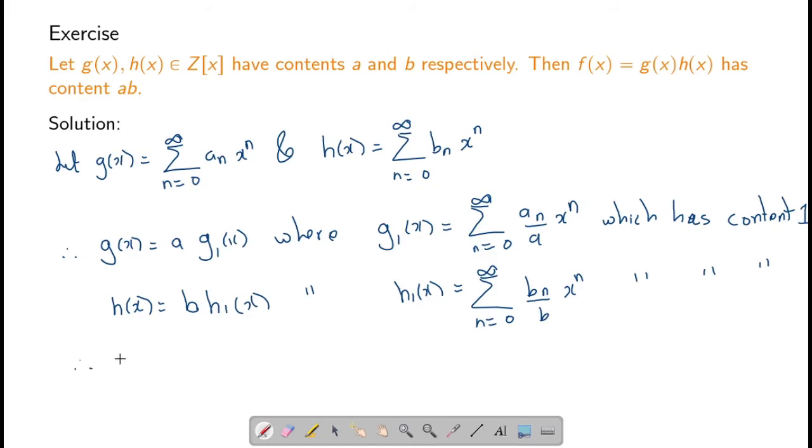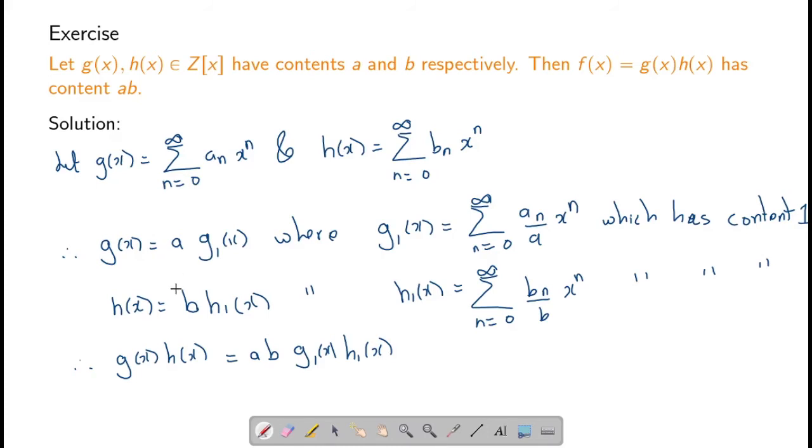Therefore, if we look at g of x into h of x, it will be ab times g1 of x into h1 of x.